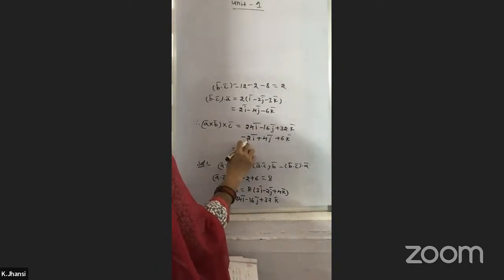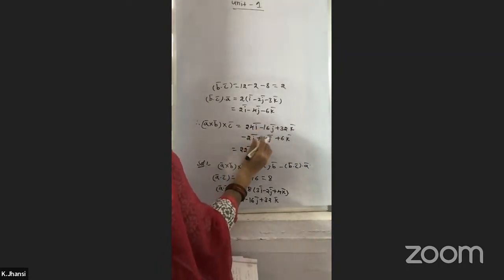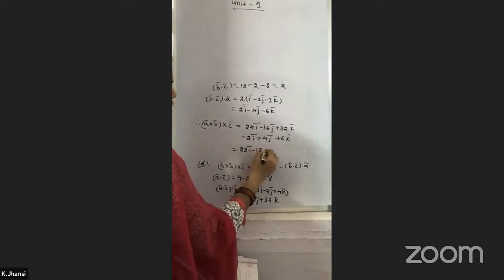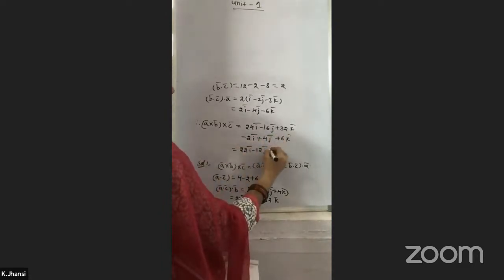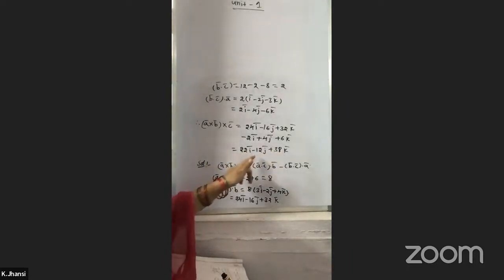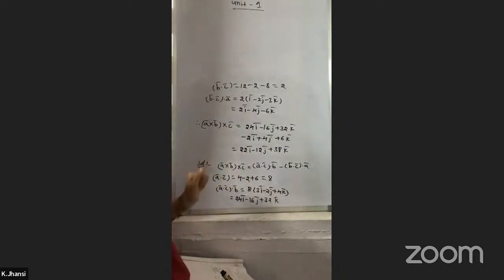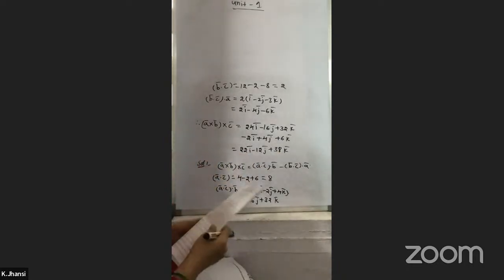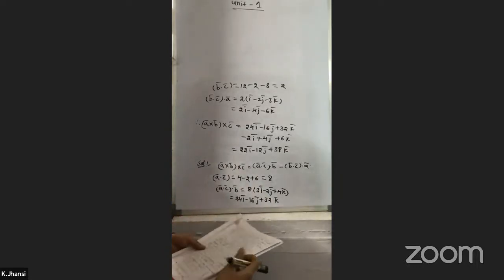That means 24 minus 2 is 22i, minus 16 plus 4 means minus 12j plus 38k. Okay. So this is the resultant vector, and remember that whenever we do the cross product, you will get the resultant as a vector. So this is the method to find the cross product of three vectors or triple scalar product.